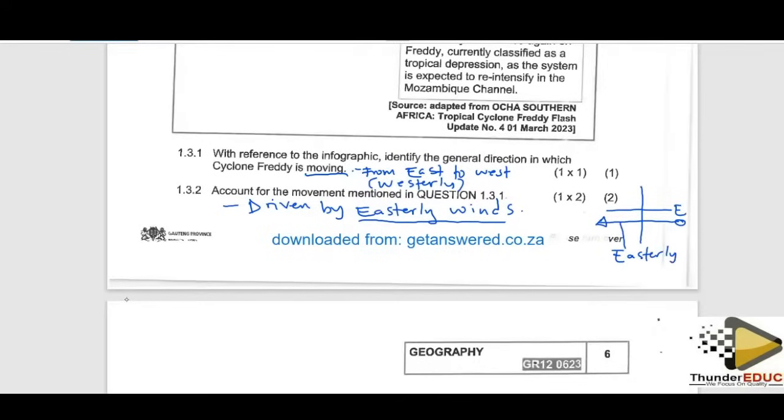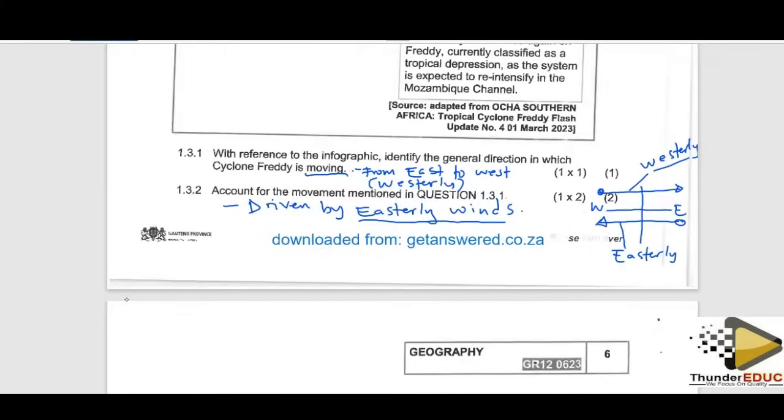So winds are named from where they originate. If you have another wind, for example, because this is the western side, coming from the west going to the east, we are going to refer to this as a westerly wind because of where it is coming from. So that is how winds are named, from where they originate.